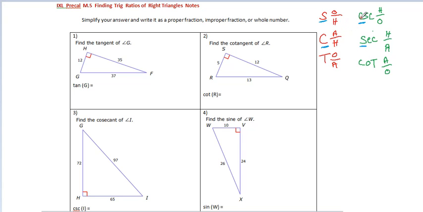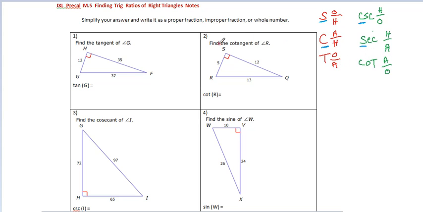So cosecant goes with sine, they're reciprocals, so you would just flip it: hypotenuse over the opposite. Secant is the reciprocal of cosine, and you would just flip it, hypotenuse over adjacent. And cotangent is the easy one because it's the reciprocal of tangent.